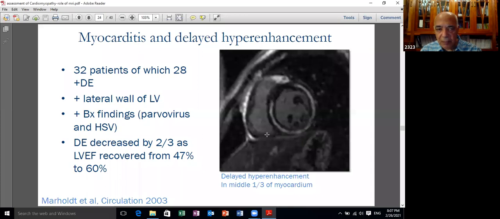But in non-ischemic cardiomyopathy, sometimes it even tells you about the underlying etiology. So if you have the septum predominantly involved, usually this is a herpes simplex virus infection and carries a poor prognosis. On the other hand, if it's a posterobasal involvement alone, then it's usually parvovirus 19 and carries a relatively benign prognosis.